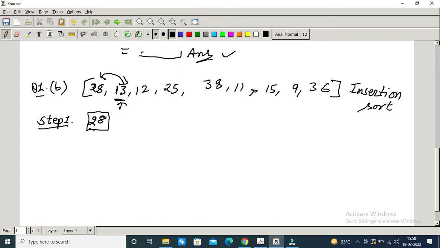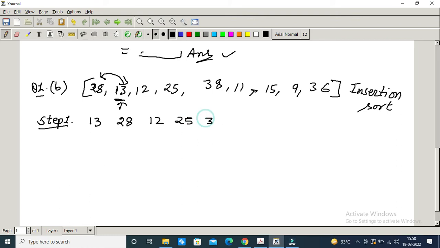So in this step, 13 goes here, at this place. Because 13 is less than 28, we exchange them and write 13, 28, and all other numbers will be the same.